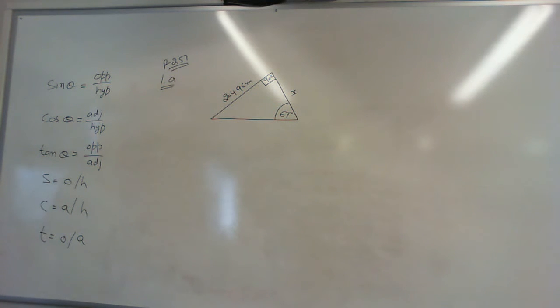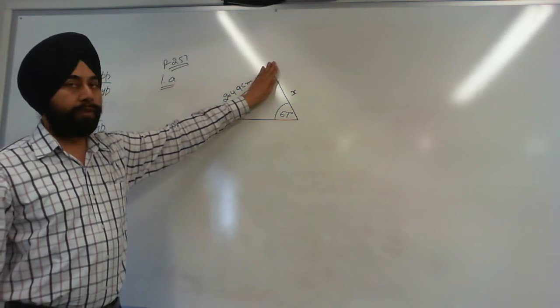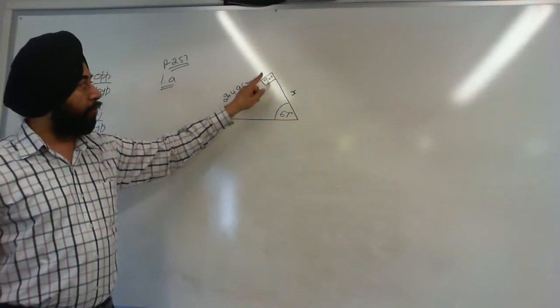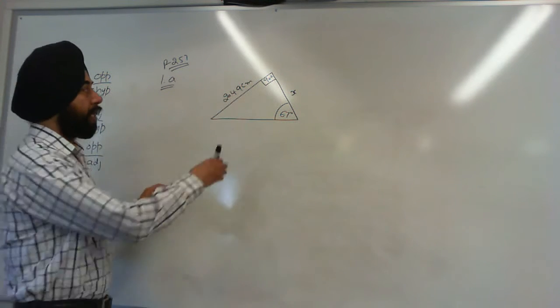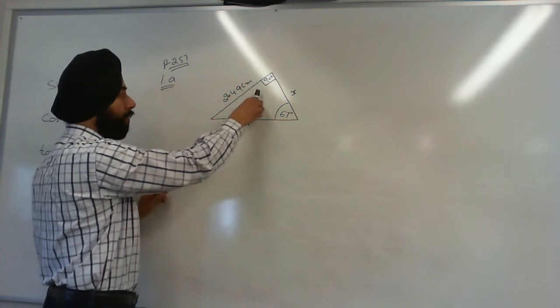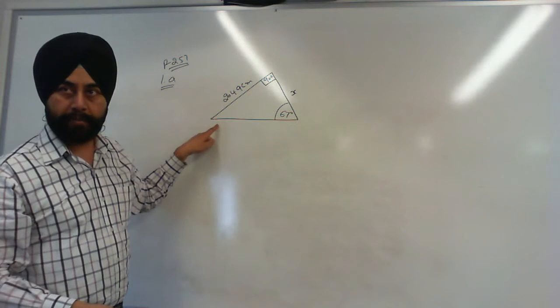Okay, now because we can't find trig ratios for a 90-degree angle, you will just ignore that angle. You know this angle, you use this angle to find the hypotenuse. The side in front of the 90-degree angle is always the hypotenuse, the longest side.